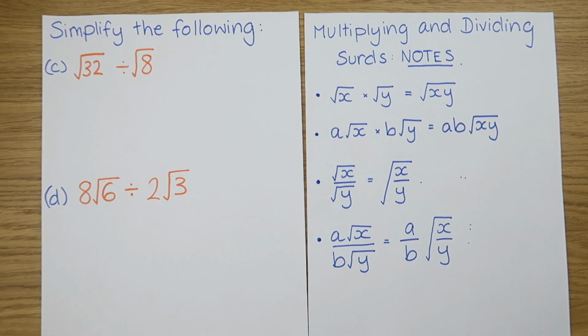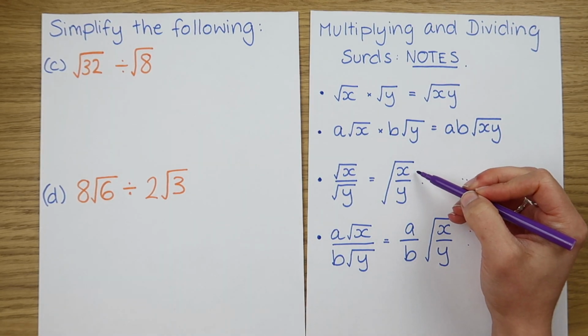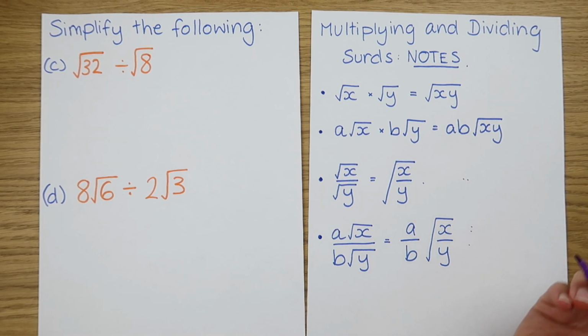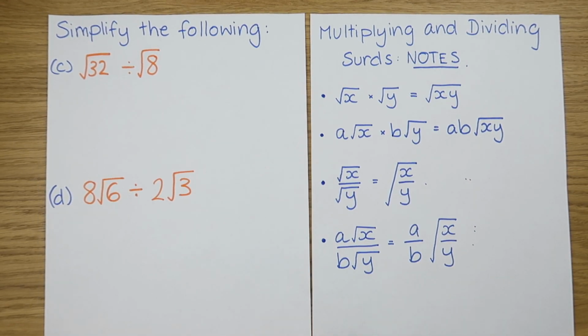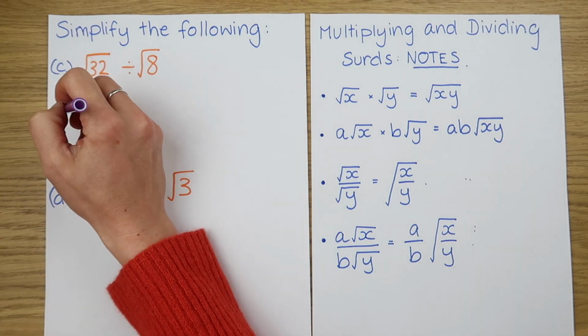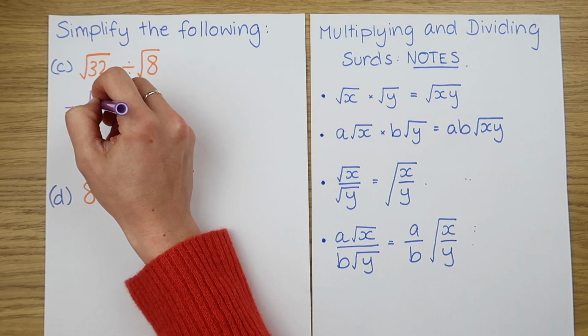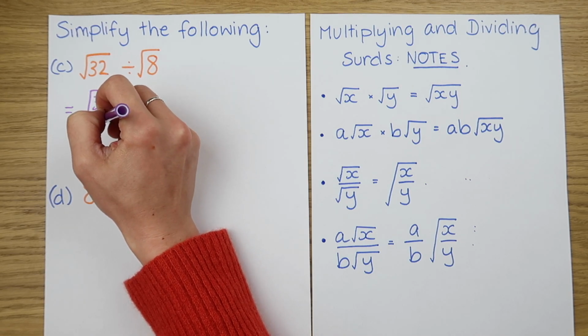So the square root of 32 divided by the square root of 8, and again, it can be written with just the 32 and the 8 and the square root of that entire fraction. So this is a really good way to simplify your surds easily. 32 divided by 8.